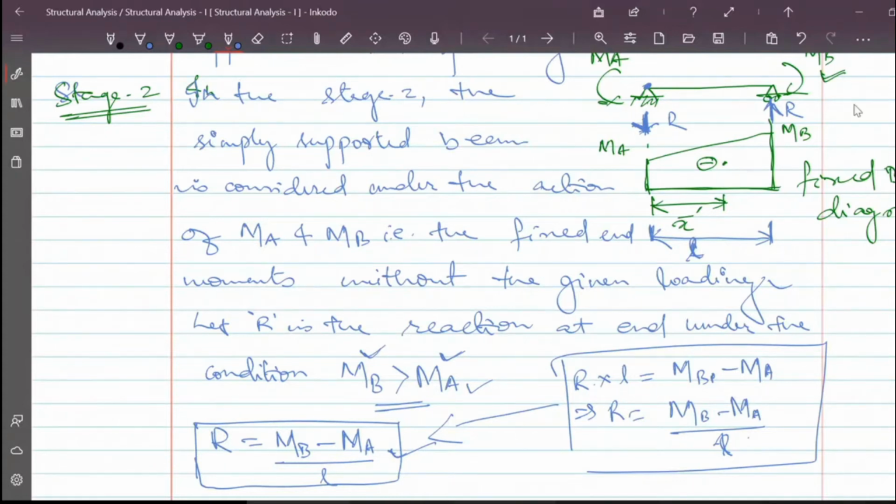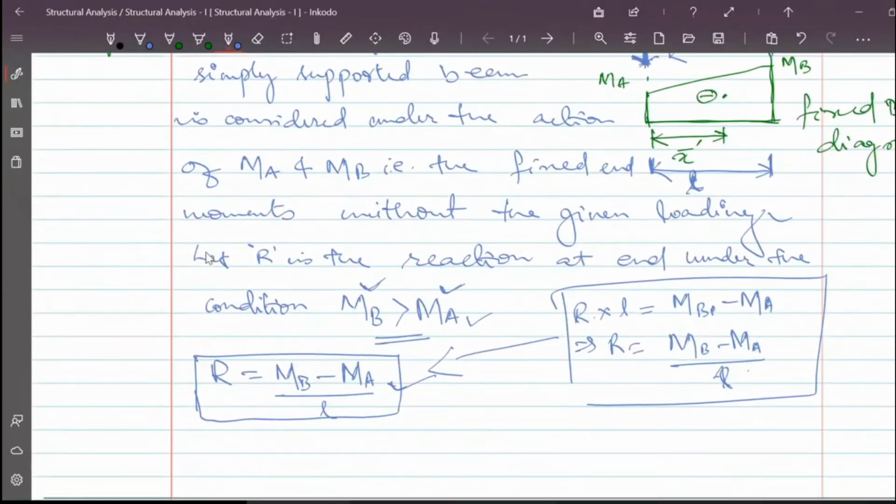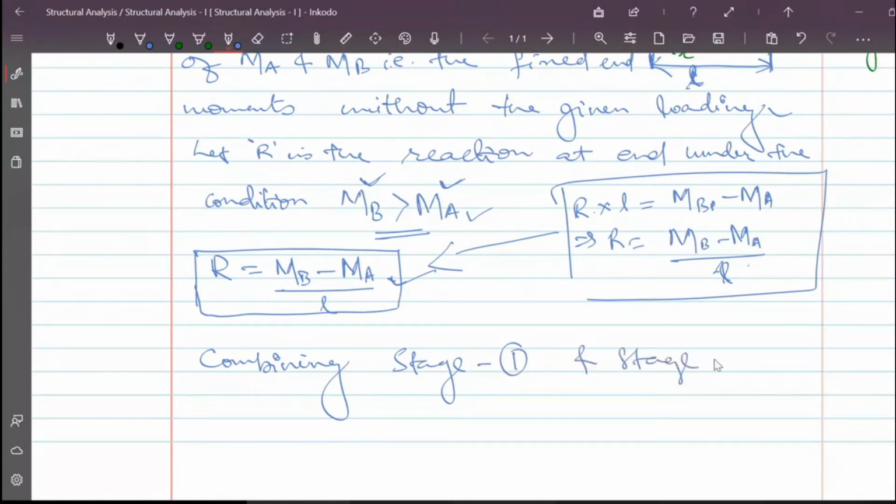Okay, so now if I combine stage 1 and stage 2, let me write this. Combining stage 1 and stage 2, what do we have?